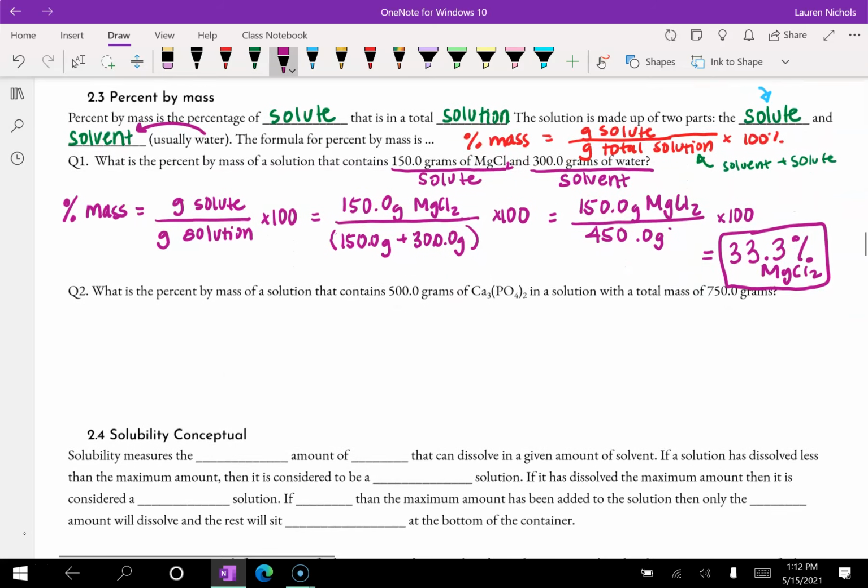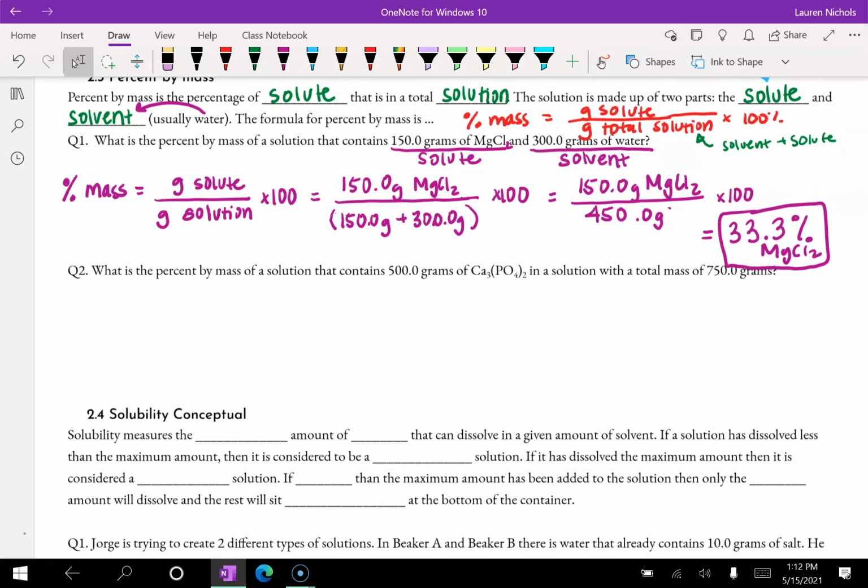And so we can see that again for question 2, if we look at another example, which I highly recommend pausing the video, trying question 2 on your own, and then pressing play. But I will walk you through this one. So it says, what is the percent by mass of a solution that contains 500 grams of calcium phosphate in a solution with a total mass of 750 grams?